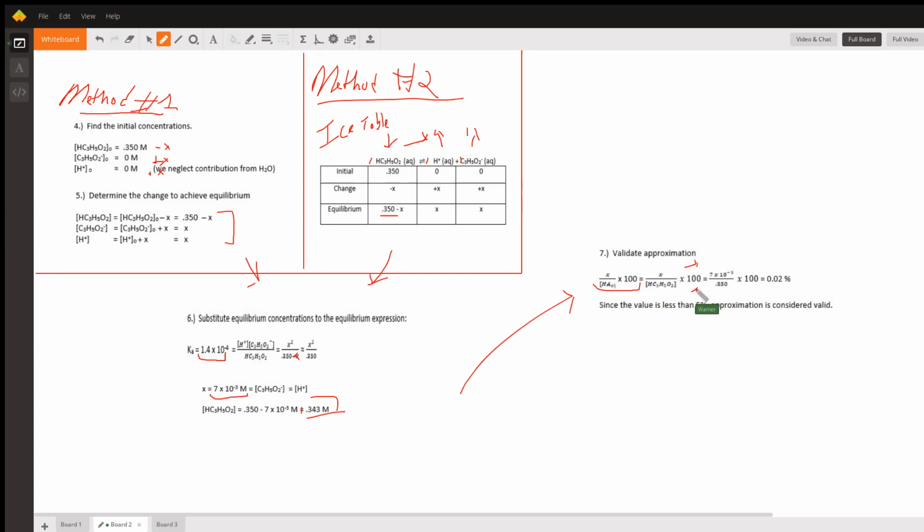Substituting the values that we determined from earlier, we find that it's going to be 0.02%. Since the value is less than 5%, the approximation is valid, and we could say that we correctly found the concentration of the solute species. We could also find the pH, but it's not specified in the problem, so I won't go over that specifically here.